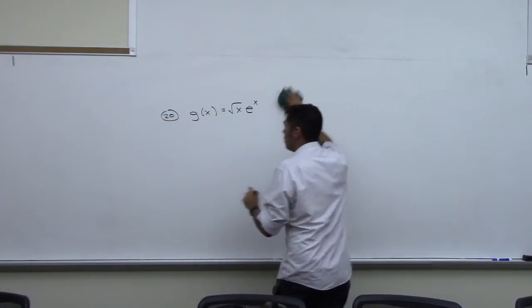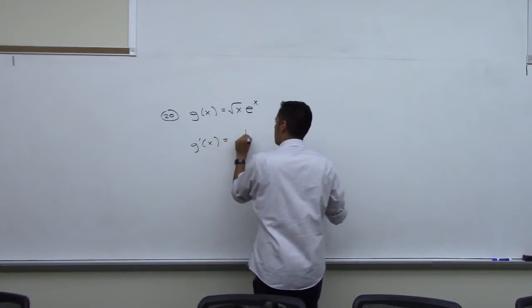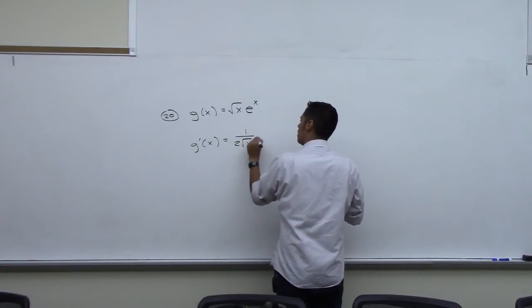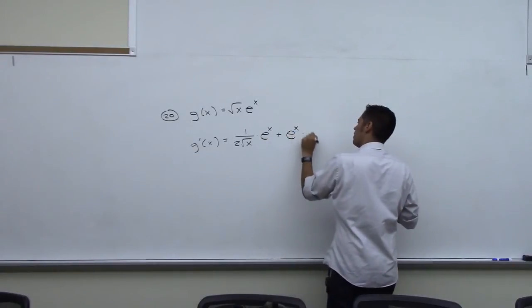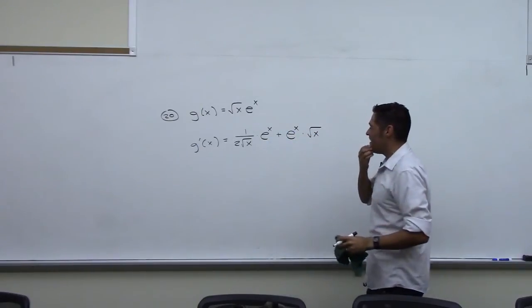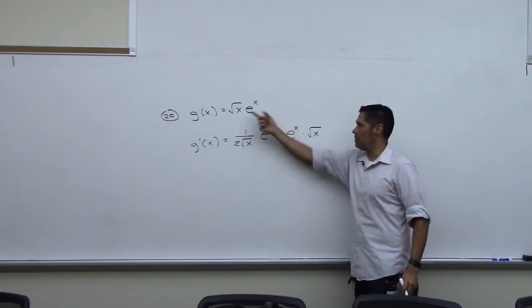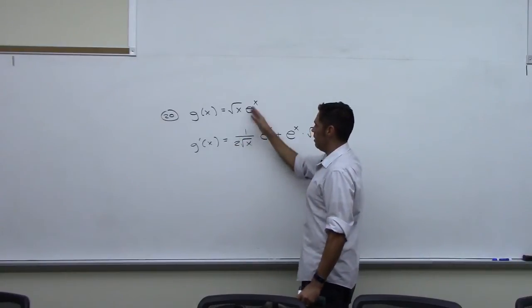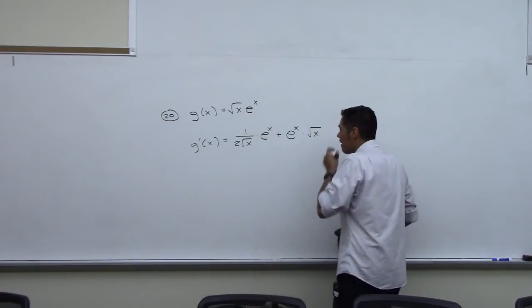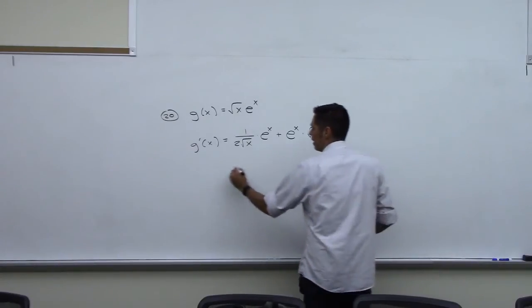Okay, so the derivative of this is the derivative of the first one times the second one plus the derivative of the second one times the first one. So just remember, the derivative of e to the x on that second one is itself, and then times the first one. The derivative of root x is 1 over 2 root x, then times the second one. So there's your product rule. Yes, you could clean it up. You could even factor out an e to the x.